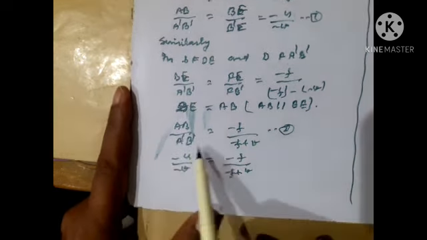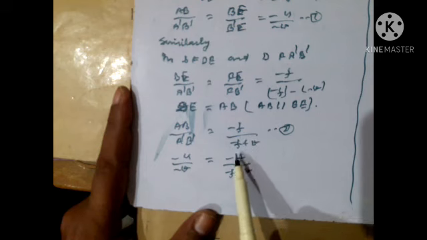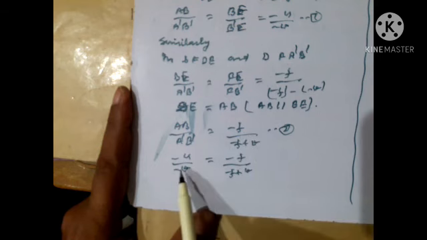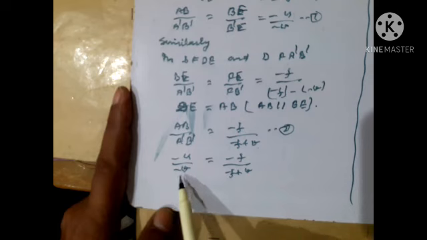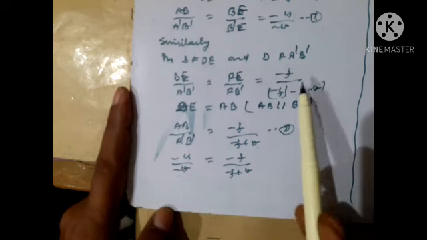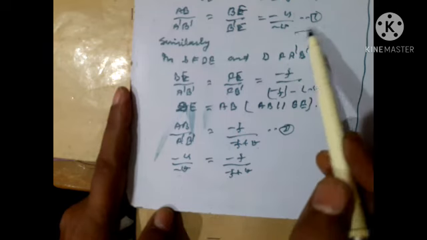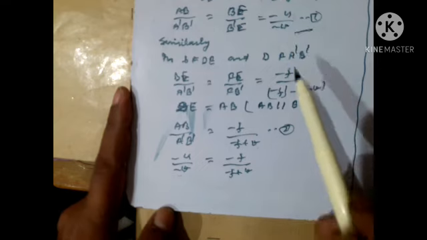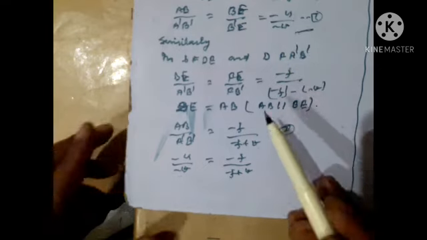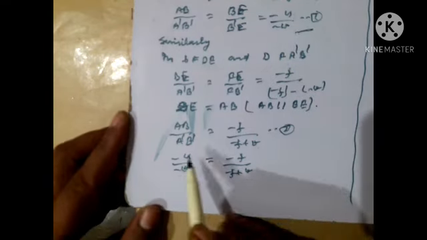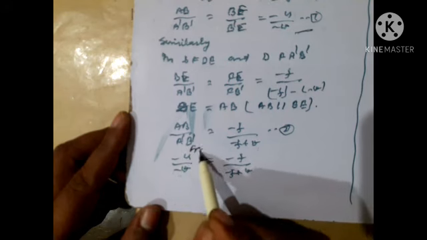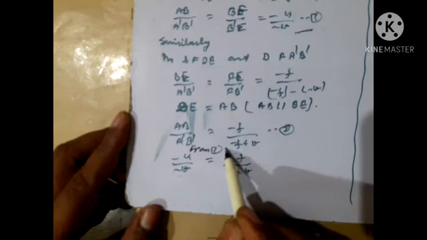AB by A'B' is equal to minus f by minus f plus v, that is second. Minus u by minus v. From first and second, here you have to write.